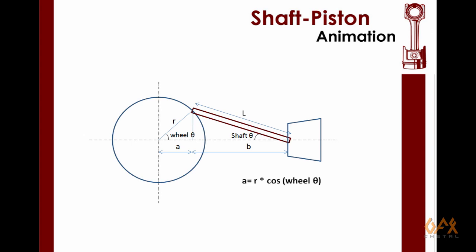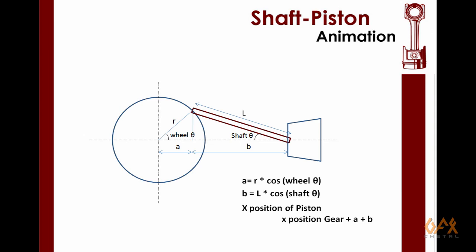So that is this A plus B. So A is equal to R into cos wheel theta, and B is equal to L, that is rod length into cos shaft theta. So that is A plus B, basically because our coordinates move on 0 0, so we have to just find this and just plus these things.